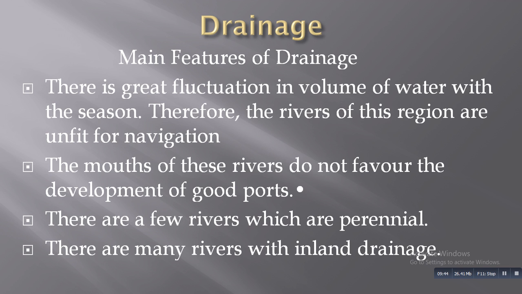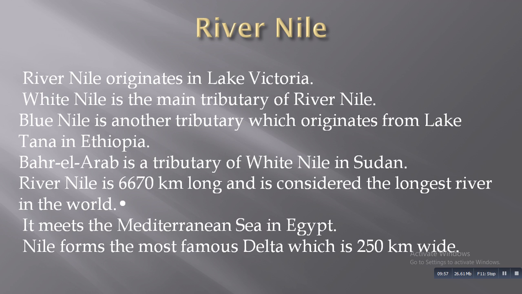So some important rivers are there in Africa. We are going to discuss them. First one, River Nile. River Nile originates in Lake Victoria. White Nile is the main tributary of River Nile.